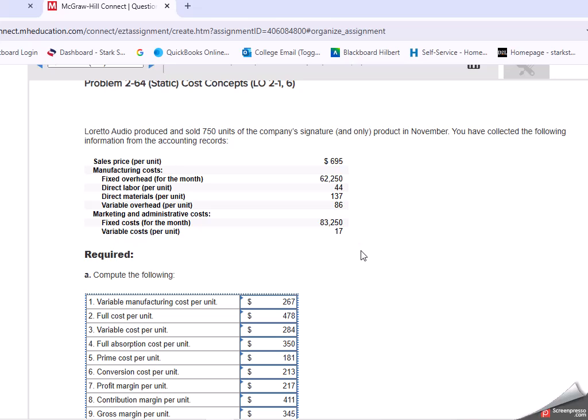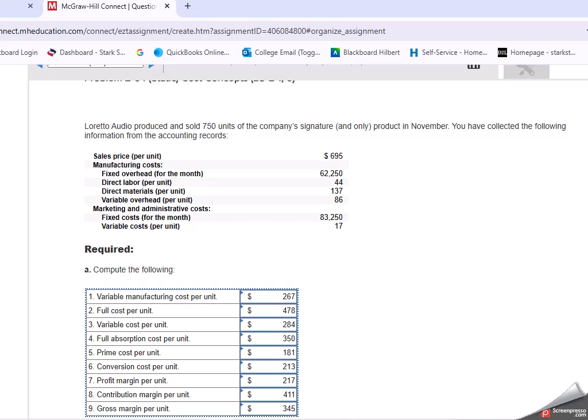So 213, yeah. Thought that's what I did the first time, but my math didn't work out. So the fixed overhead per unit plus the direct labor per unit and the variable overhead per unit. So we don't calculate the materials because how much does it cost to convert the materials is what that's saying.